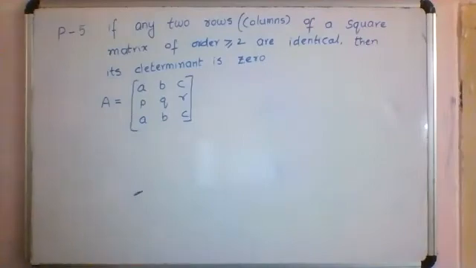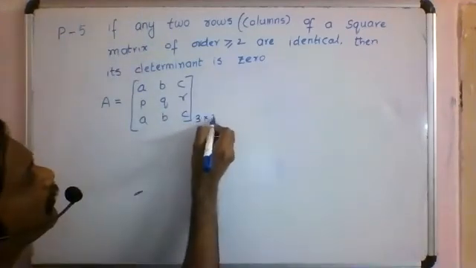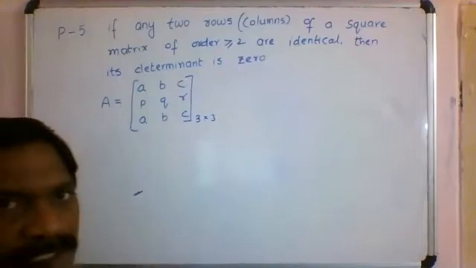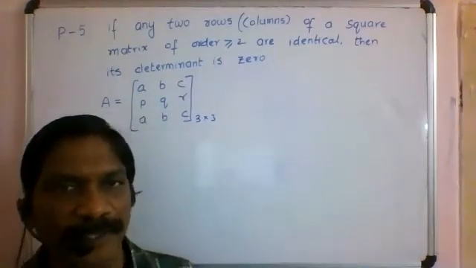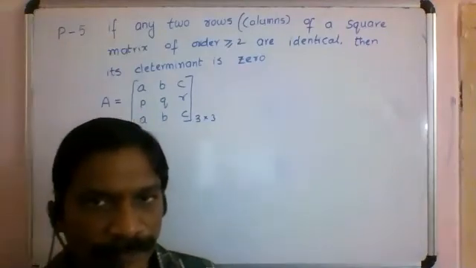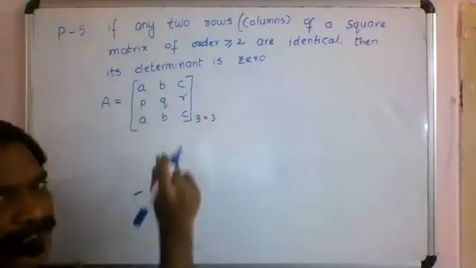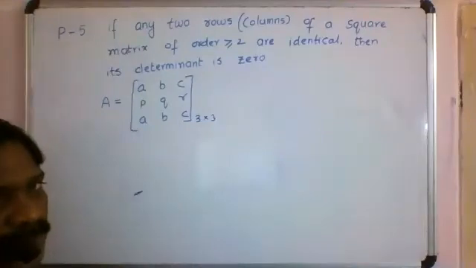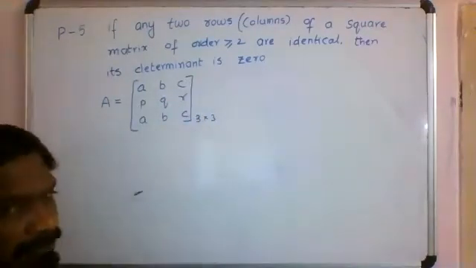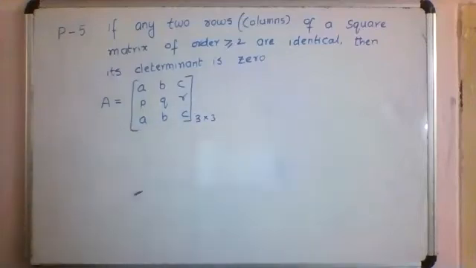Okay. A square matrix only. Without expanding this determinant, by using this property, we can say its determinant value is 0. If you observe any two rows are identical or any two columns are identical, then without expanding, you can write that its determinant value is 0.